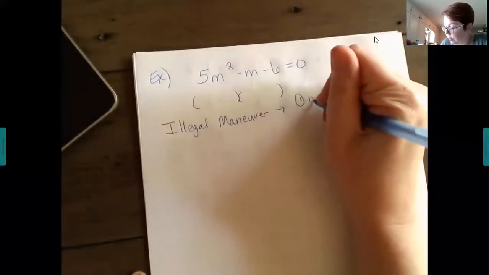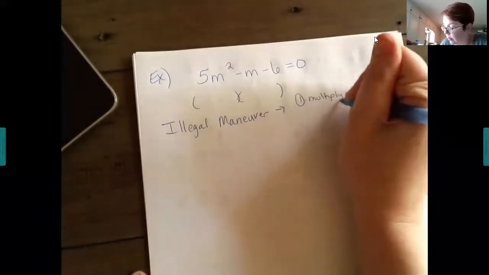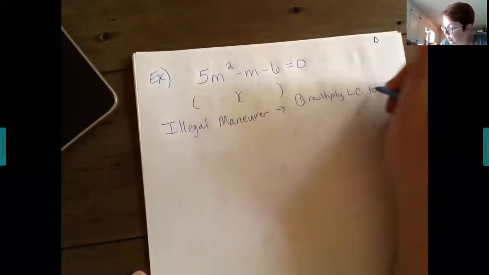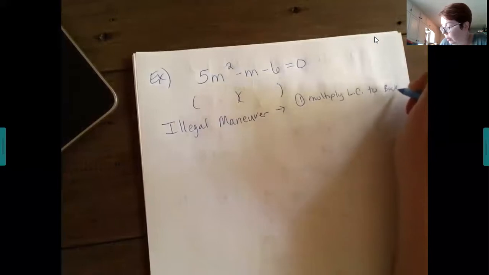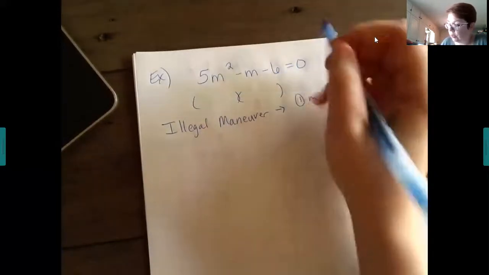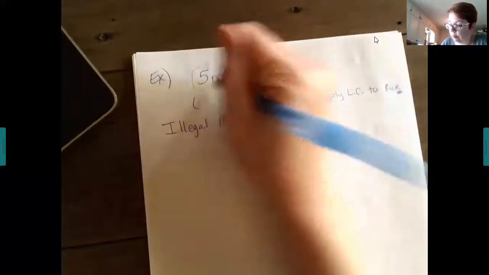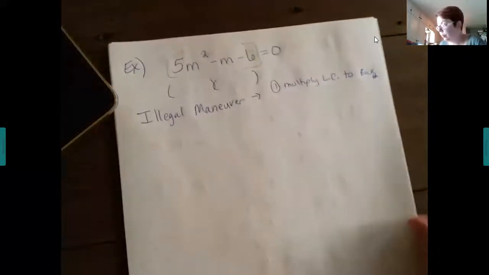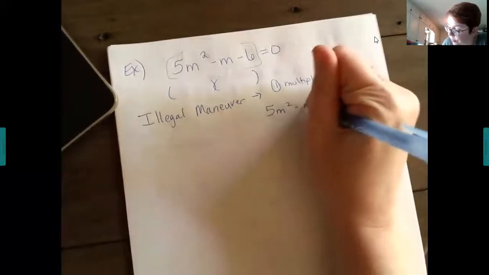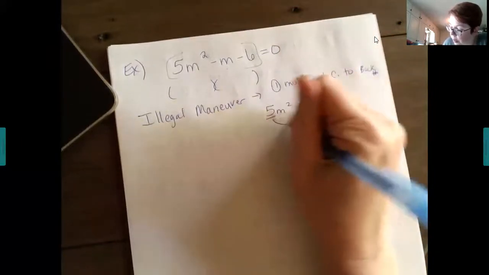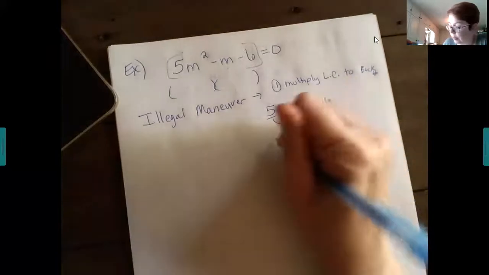The first step is to multiply the leading coefficient to what they call the constant, or I'll just call it the back number. And we're worried about this right here. We're not worried about that 0 right now. So that's what we're going to do. We're going to take this, we're going to multiply it to that 6.